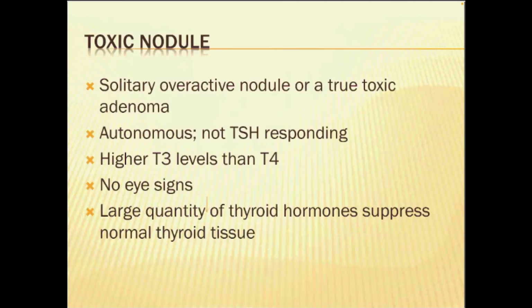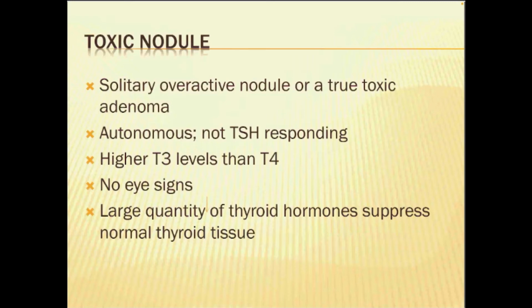Why are there no eye signs? As there is a higher T3 level, there will be a negative feedback mechanism, so that the TRH and TSH, the thyrotropin releasing hormone and thyroid stimulating hormone levels, will be very low and the gland will be suppressed. So there will be no production of T3 and T4 from the rest of the gland, but this toxic nodule will keep on producing T3 and T4 because of its autonomy.